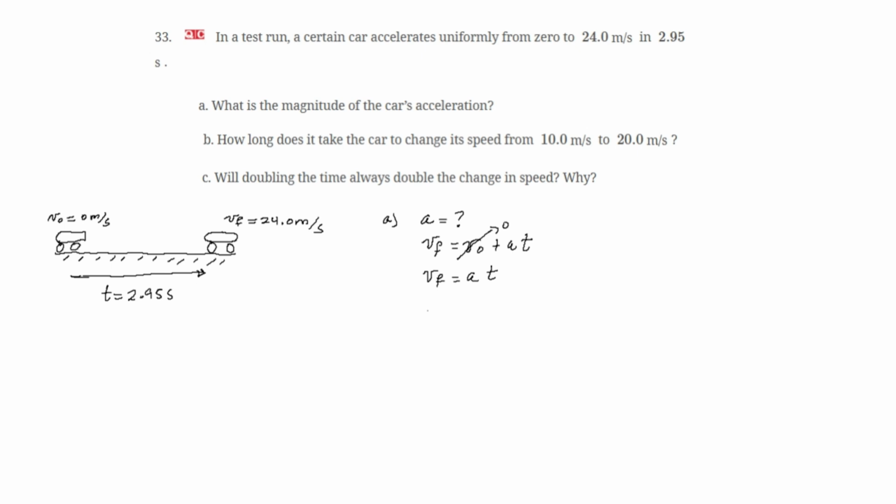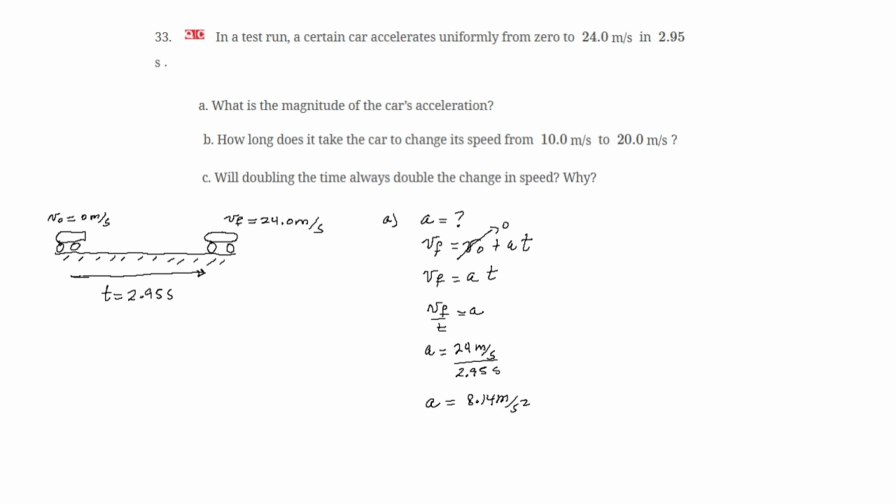So acceleration will be 24 meters per second divided by the 2.95 seconds that it takes to go from 0 to 24 meters per second of velocity. So the magnitude of the acceleration will be 8.14 meters per second squared.